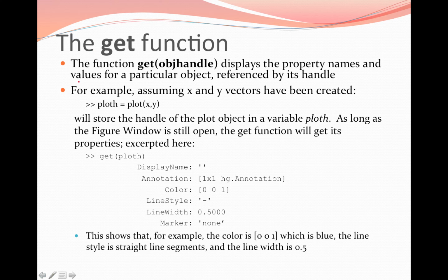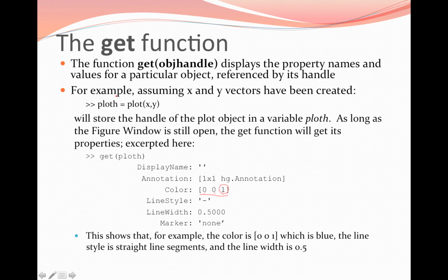You can see some of them are not going to make much sense, display name, annotation, but we can see, for example, the color is a vector given by three numbers 0, 0, 1. So the way that works is the first number is the red, the second is the green, and the third is the blue. So what this says is 0 red, 0 green, full blue, which means the color is actually blue.